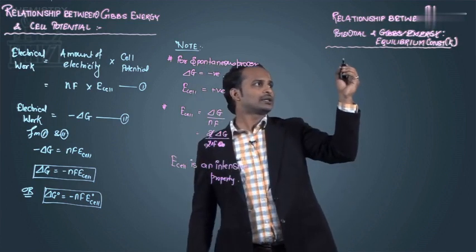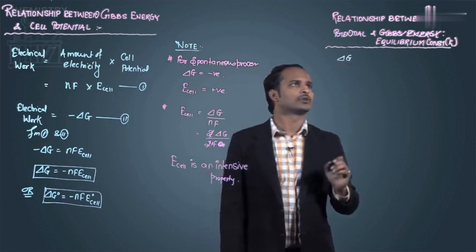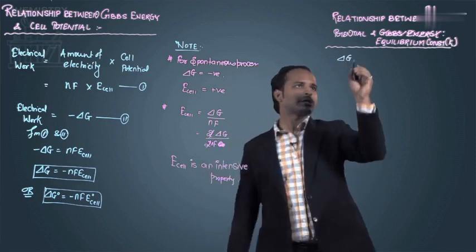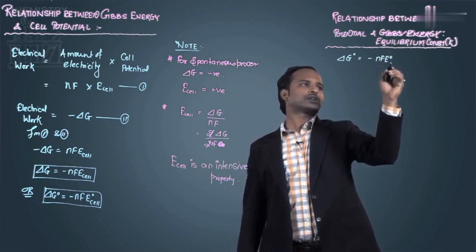Now here I can say the delta G. We got a formula for the delta G, that delta G naught is equal to minus nFE naught cell. We just derived this formula.